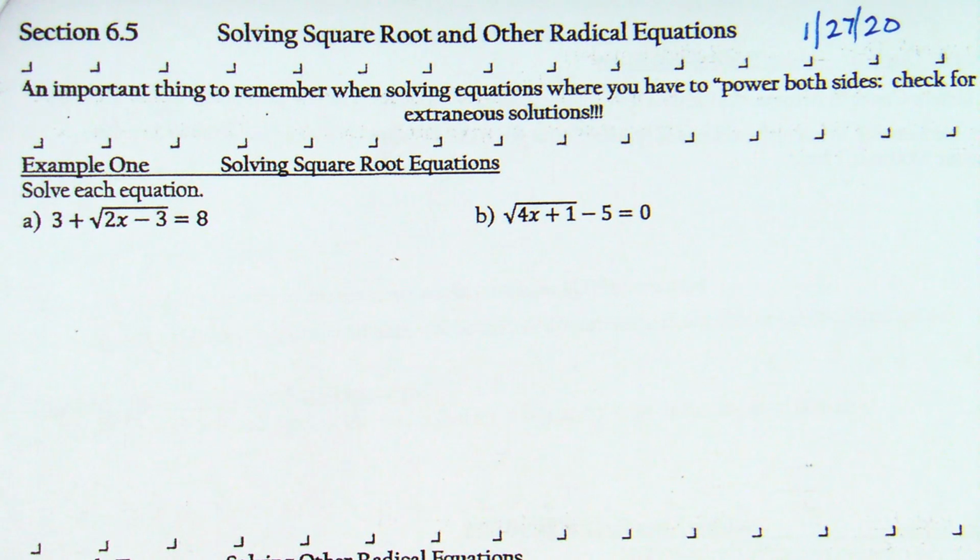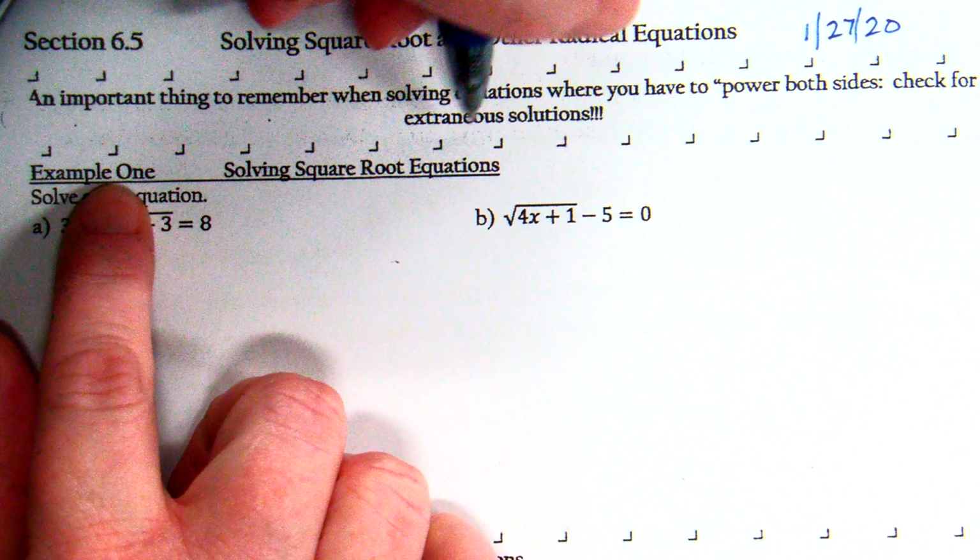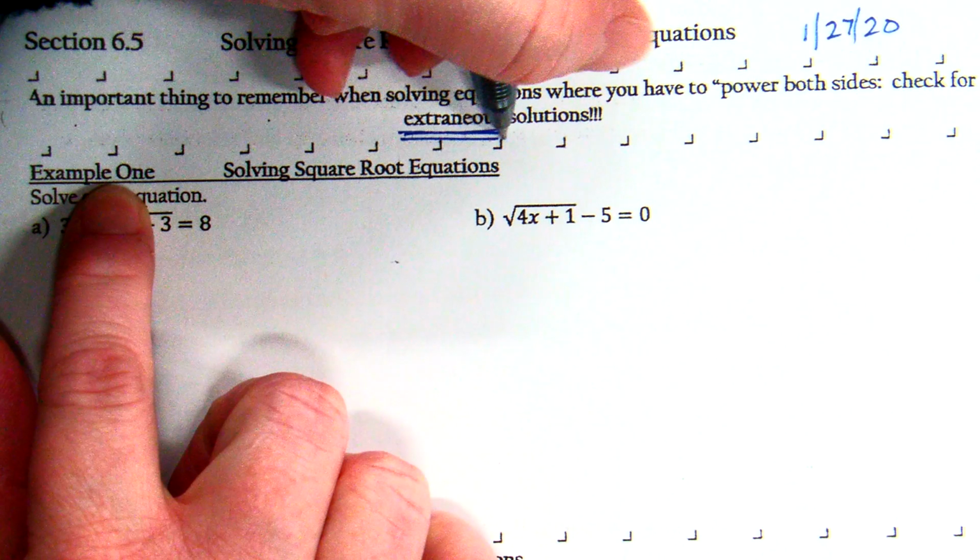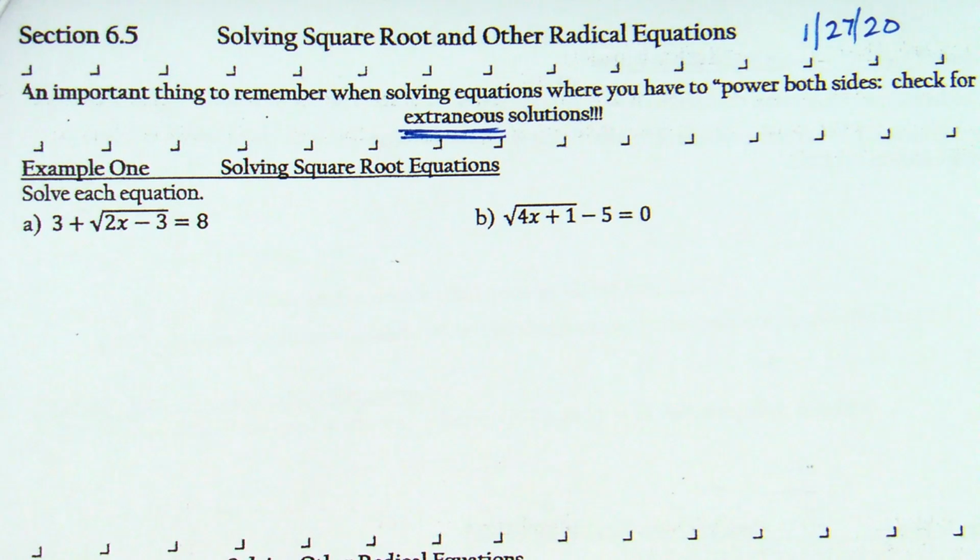First thing though, before we get too far, there's a note up there. An important thing to remember when solving equations where you have to power both sides, we'll talk about what that means in a moment, is that you have to check for extraneous solutions. Do you guys remember what extraneous solutions are? Yeah, extra solutions. They're legitimate solutions that you came up with from solving a problem, but when you go back and check them, they don't work.